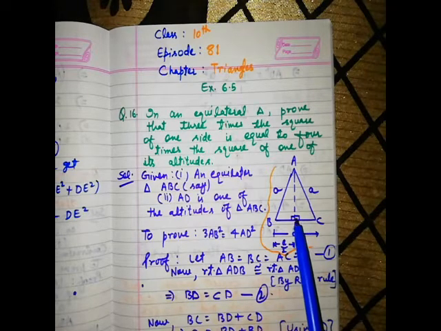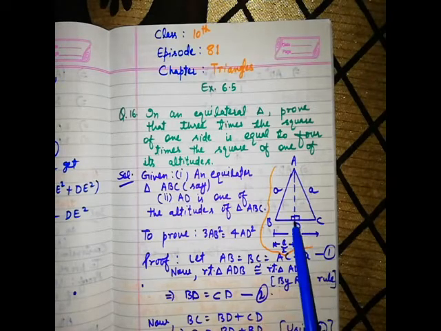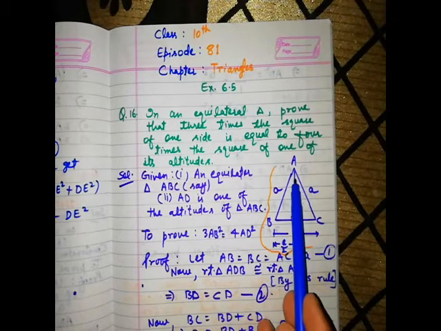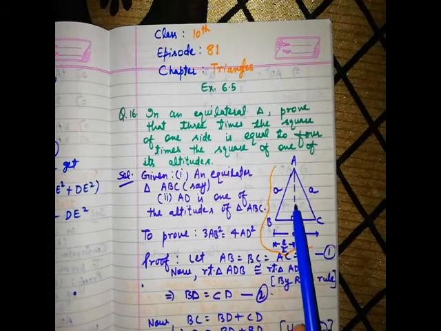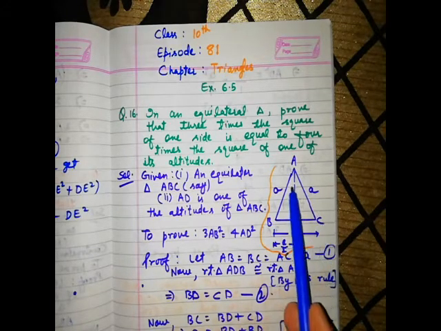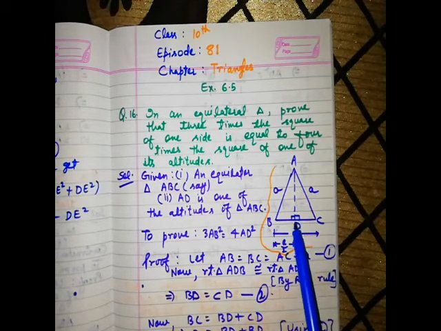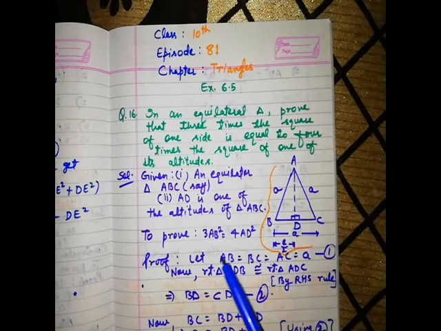We can also prove either 3 times AC square equal to 4 times AD square, or 3 times BC square equal to 4 times AD square. Here we have drawn only one altitude AD. We can also draw altitude from B on AC or from C on AB, but we draw only AD, so we have to prove that 3 times AB square equal to 4 times AD square.